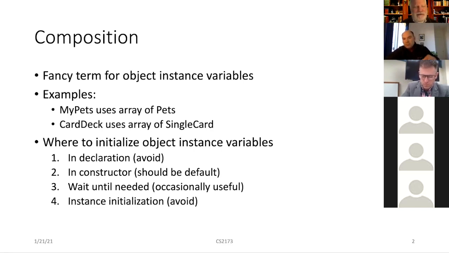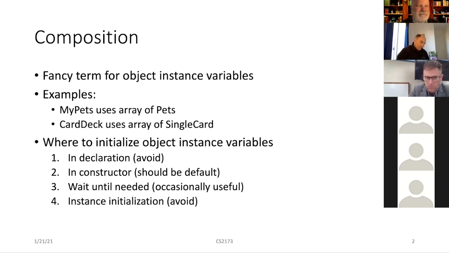Composition, you don't have to memorize the term. You should know what an instance variable is, and you should know the difference between an object and a primitive. But for example, remember I had my pets example, and I had an array of pets. Did I do that example?